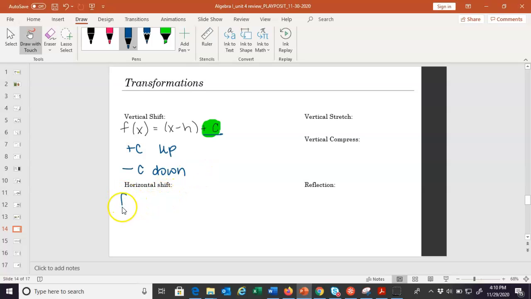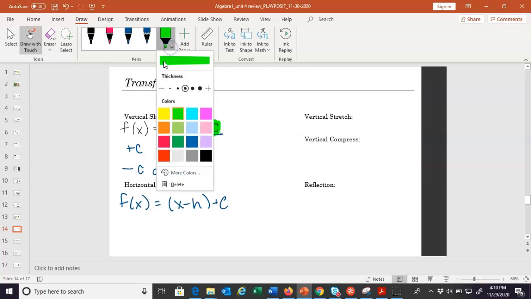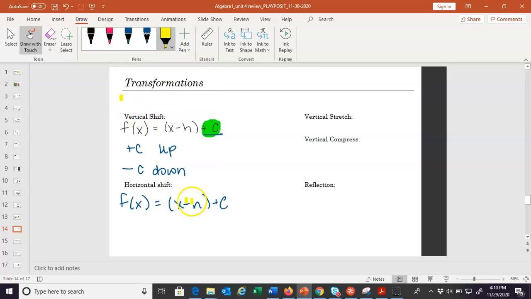All right, let's look at our horizontal shift now. Our horizontal shift is shown to us by the H value. Again, because there's a negative inside the general form, just like we've seen previously, you're going to take the opposite sign.